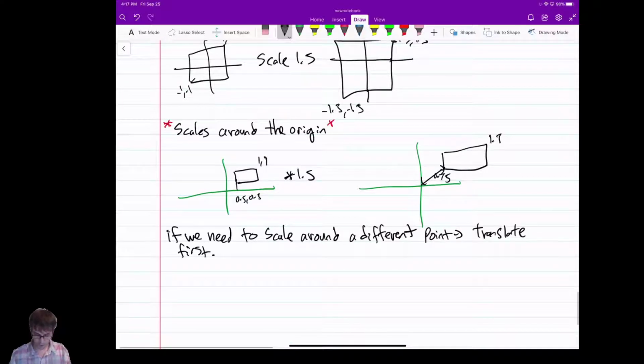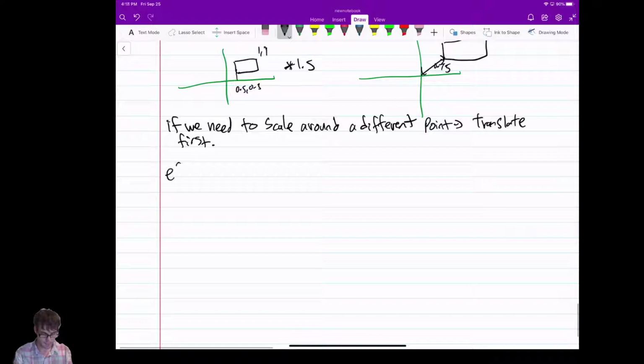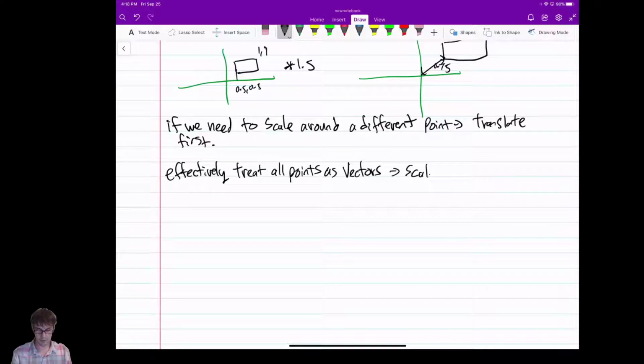So the way that this works with linear algebra is we effectively treat all of our points as vectors. We scale those.